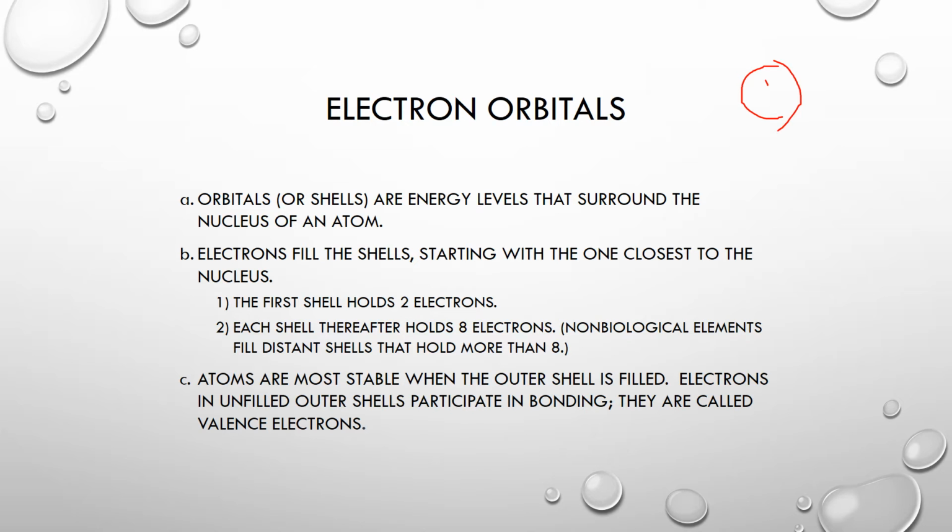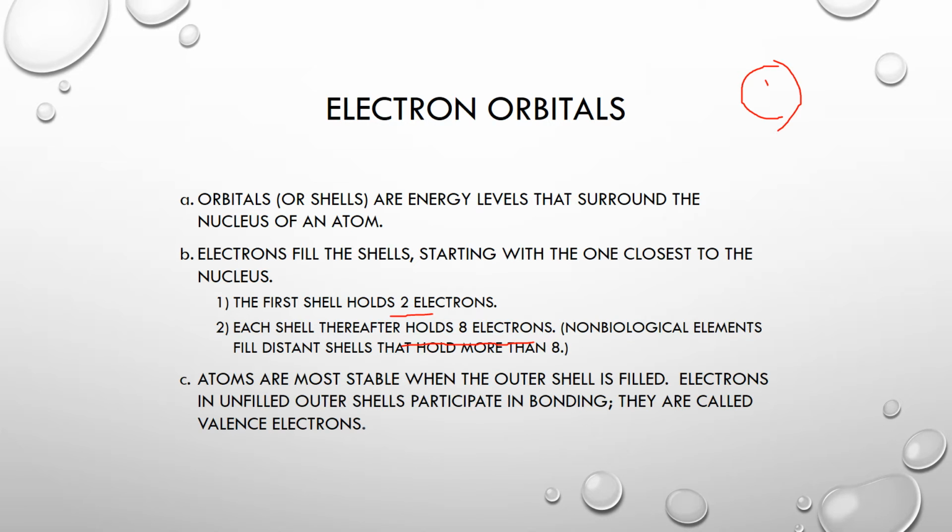And those electrons are going to be circulating around, all right? The electrons are going to fill these shells depending on how many electrons they have for each element. Starting with the closest one, the first shell always holds a maximum of 2 electrons. Every shell after is going to hold a maximum of 8, okay?